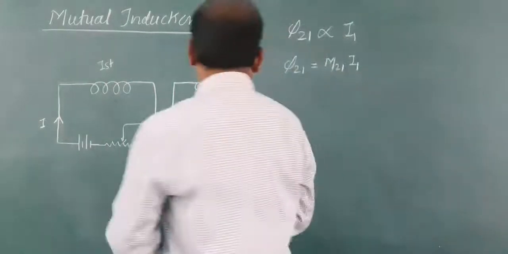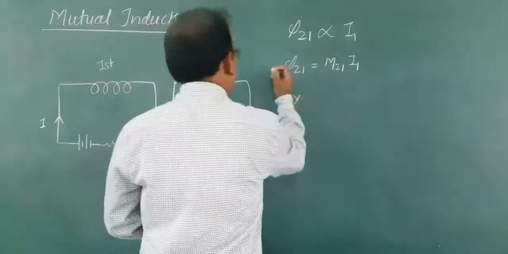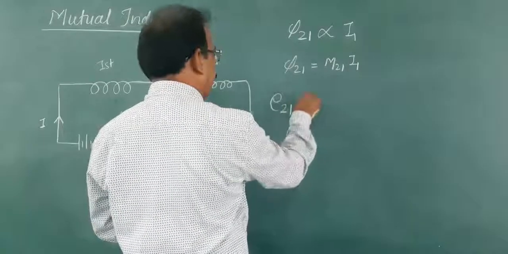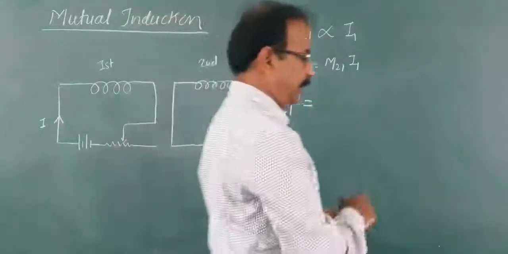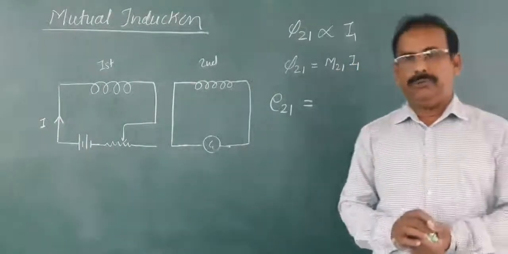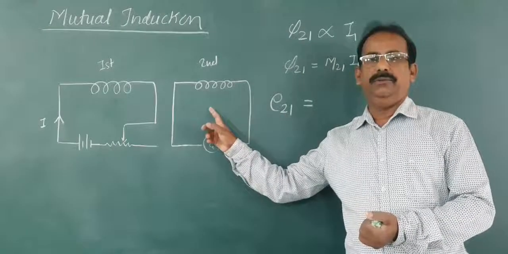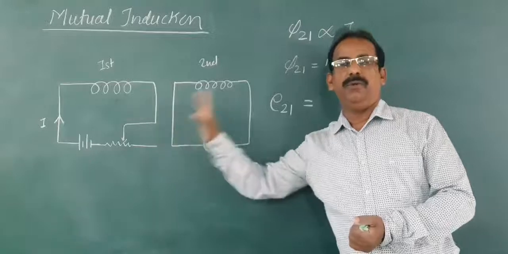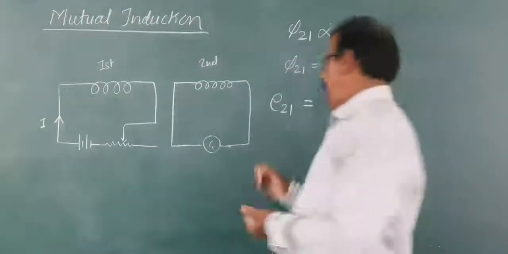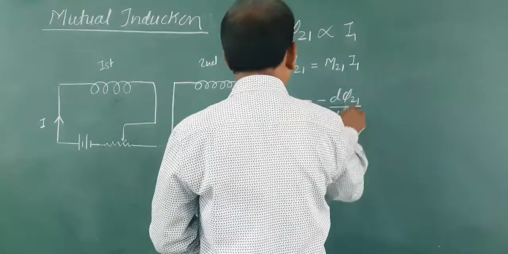By Lenz's law or by Faraday's law, we can write the EMF induced in the second coil due to the change in current passing through the primary coil, denoted by E21. This is the EMF induced in this second coil due to the current passing through the first coil. It is, by Faraday's law, minus dφ21 by dt.